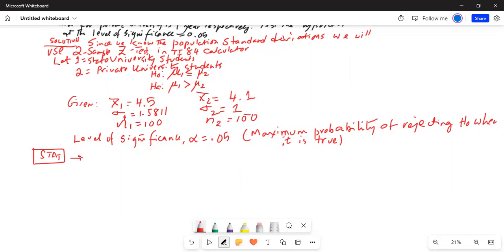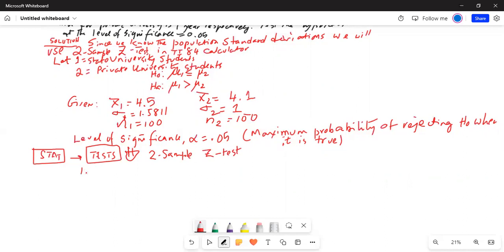Highlight means move the cursor on test, the black rectangle. Then scroll down with the down arrow key to 2-sample z-test. Again, we are using z-test because we know the population standard deviation. Okay, and hit enter.